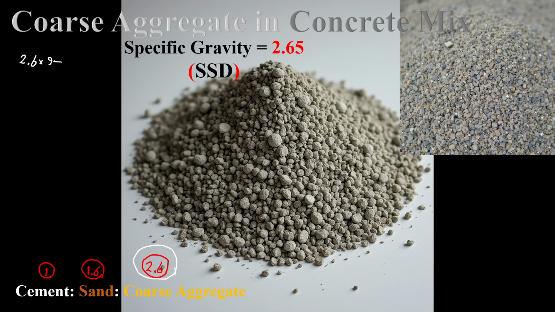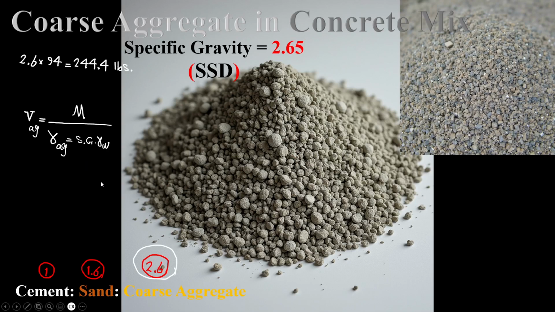We move on to our third material, which is coarse aggregate, and again that's 2.6 over cement. If you do the math, 2.6 times 94, which is again the weight of cement used in our mixture, gives you 244.4 of weight over gamma aggregate.